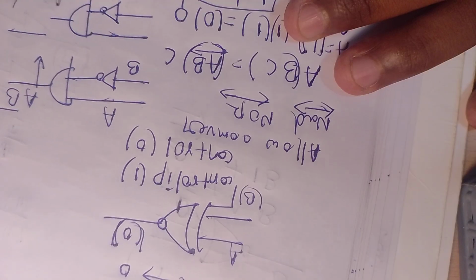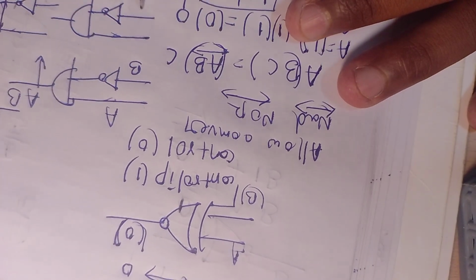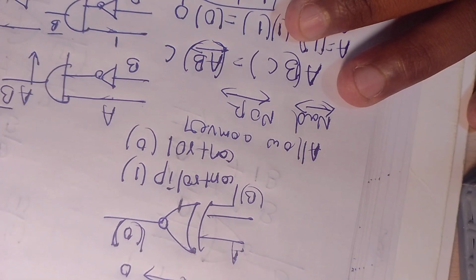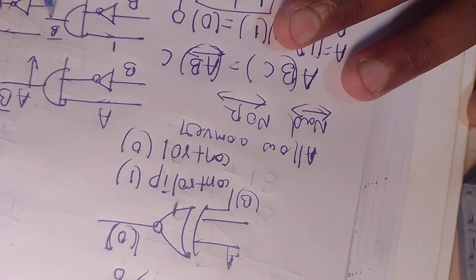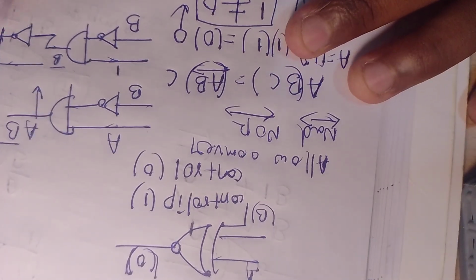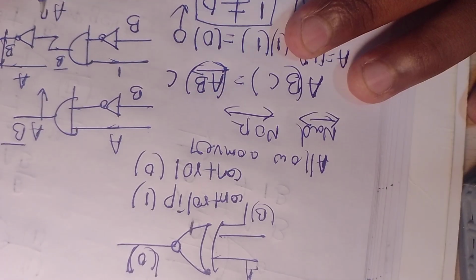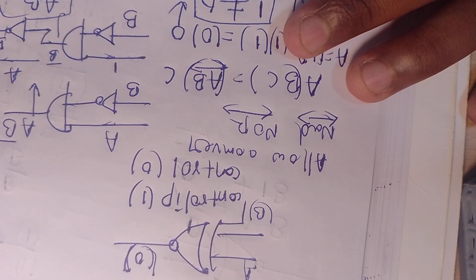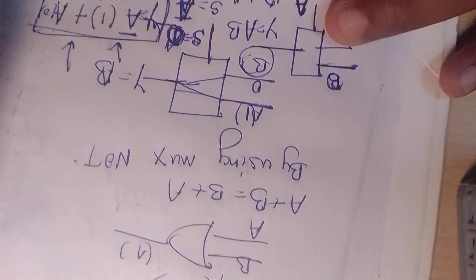With another gate, I give b and get b bar, so you will get 1 over here. This b bar goes over here, and we will get b and a, so we get a b. So this is nothing but a universal gate. So NAND, NOR and some other gates like this type also, we can say are universal gates. MUX is also a universal gate.